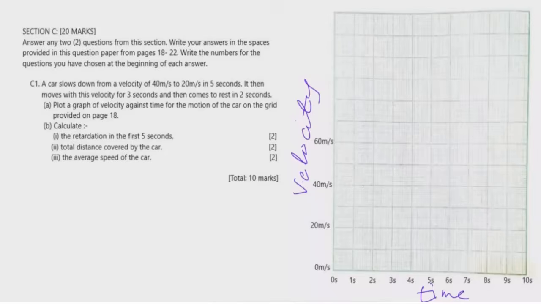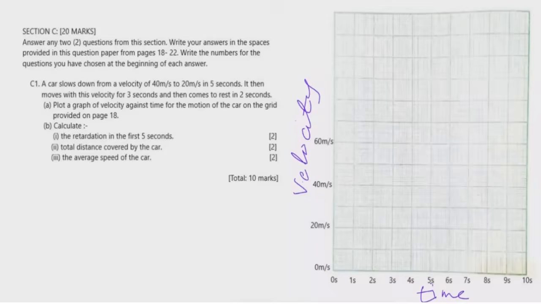To plot the graph, we go back to the statement: a car slows down from a velocity of 40 meters per second to 20 meters per second in 5 seconds. So we are going to come to this point.